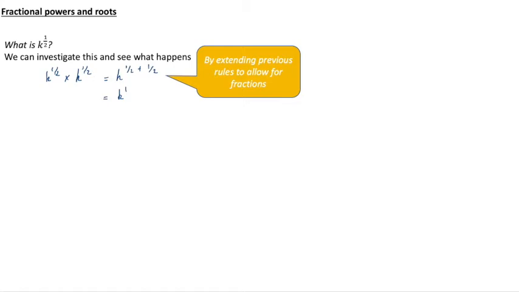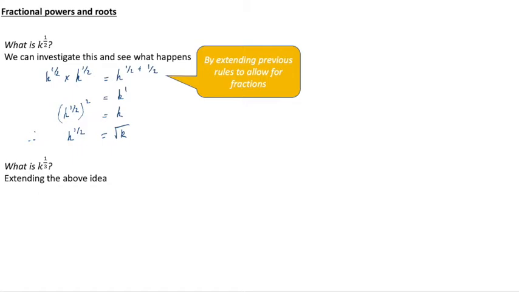Now we can also say that k to the power of half times k to the power of a half is k to the power of a half, squared, and k to the power of 1 is just k, so we get k to the power of a half, squared, is equal to k. That means that k to the power of a half must be the square root of k, by square rooting both sides.